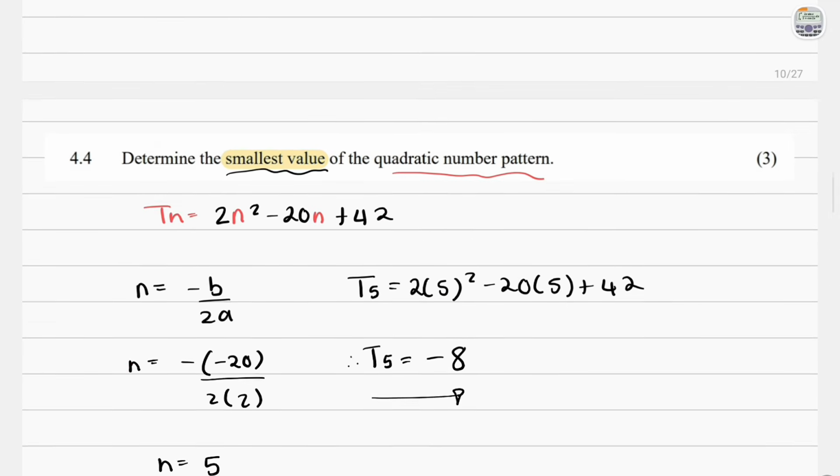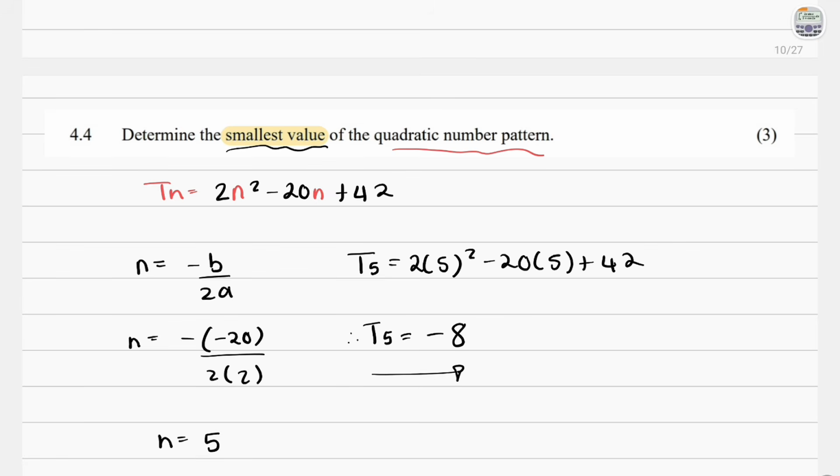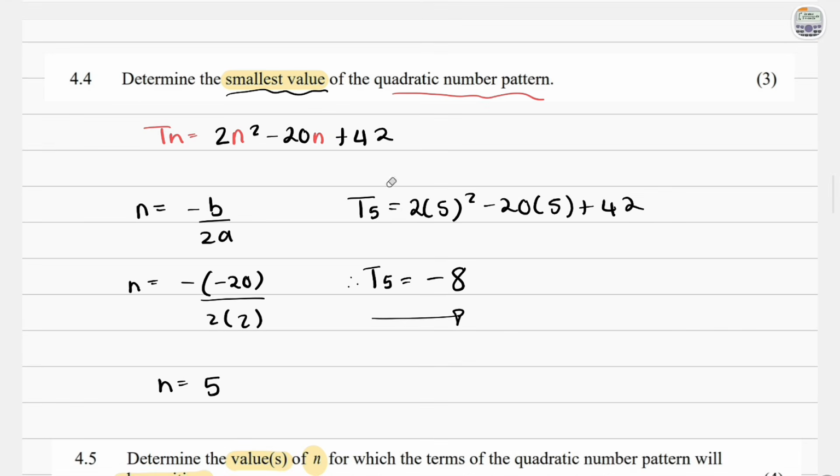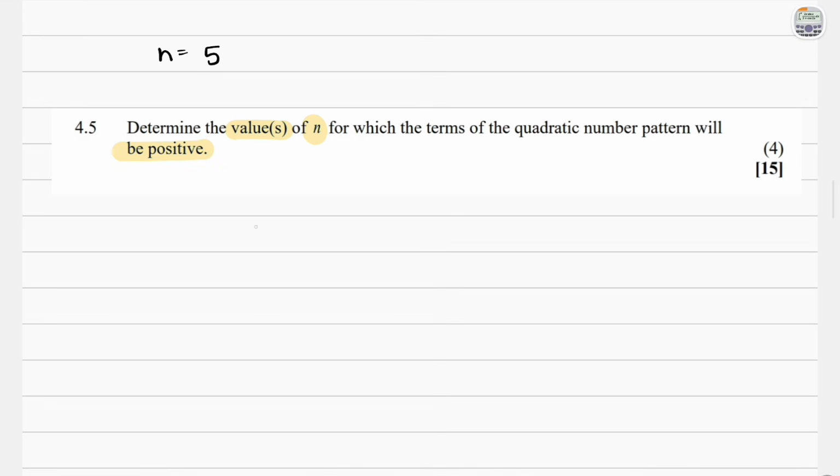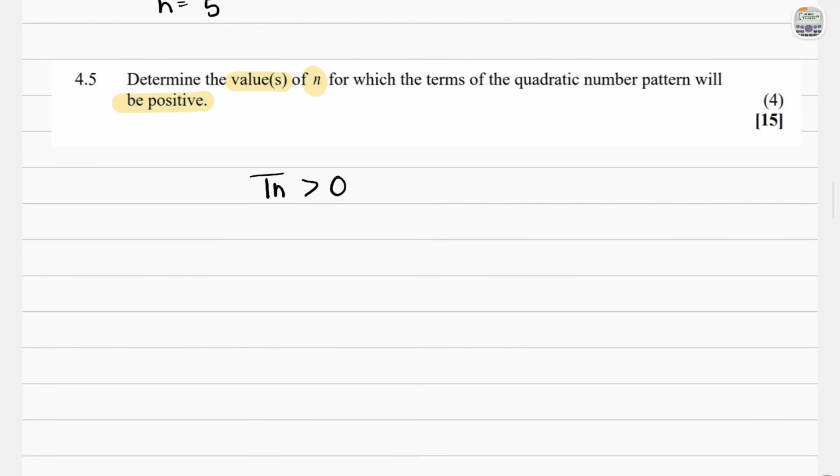When we were trying to find, for example, the smallest term value, we simply took this and we were able to find that. So whenever you're referring to the term values, we're going to use the Tn formula because this will always produce term values. So we're trying to find out where our term values will be positive. Positive numbers are numbers that are greater than 0. And this is what we're trying to solve for.